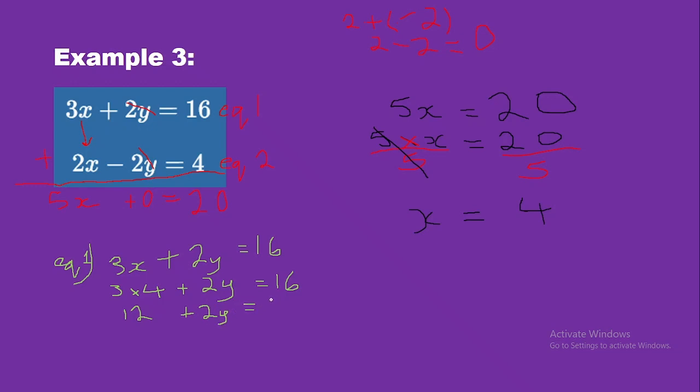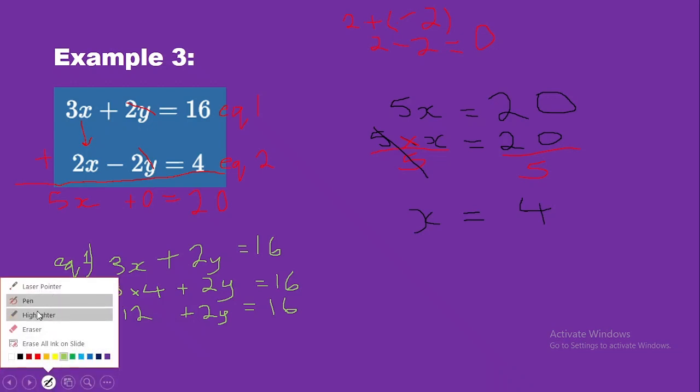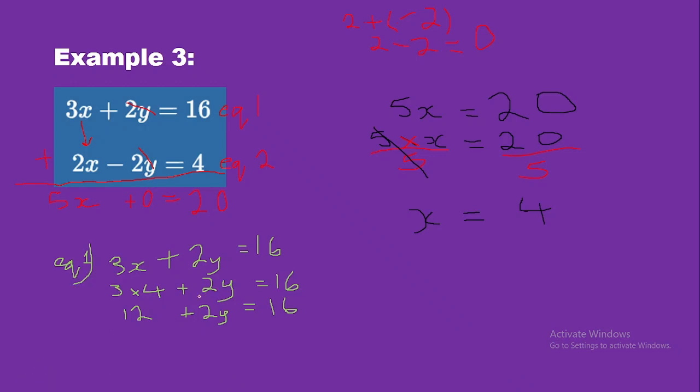We'll be doing some movements right now in order to get y by itself. What I'm going to move first is the 12. The 12 right there is a positive 12 that's been added to my 2y. If I move my positive 12 over to the opposite side of the equal sign, it's going to change to the opposite, because the 12 is being added to my 2y.